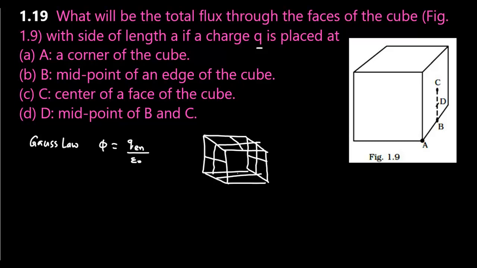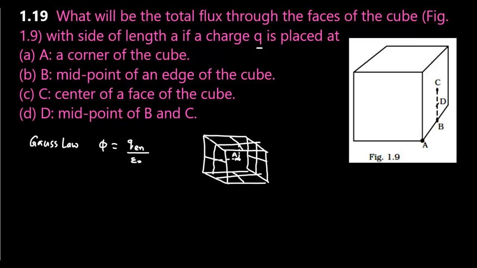This given cube is 1/8 part of the big cube, such that when we place this cube in this big cube as a part, this point A becomes the center of this big cube, and now the charge is enclosed inside this imaginary Gaussian surface.